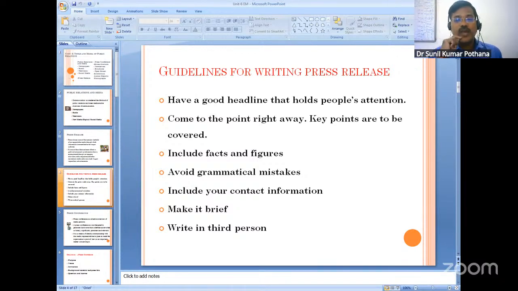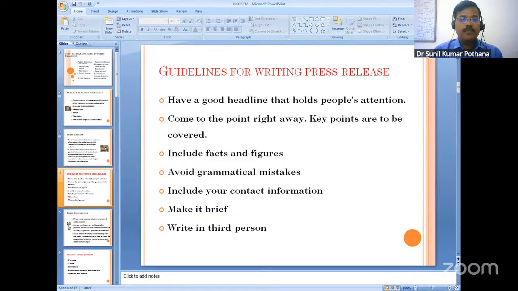For example, if you have a number like 2,24,250 rupees, instead of this big number, you may shorten it to 2.24 lakhs. It is the same figure, but it is easier for the audience, the public, to understand in any media, either print, social media, radio, or television.